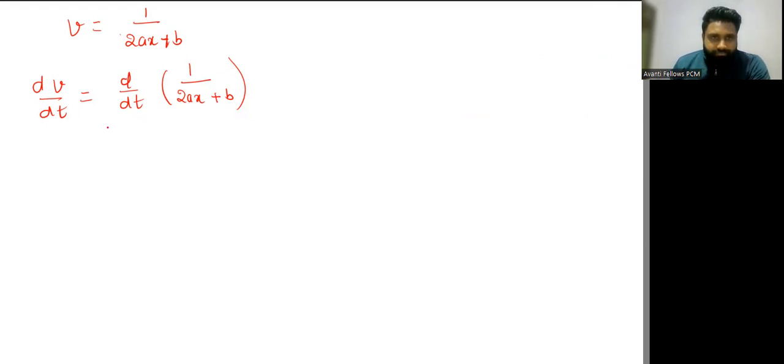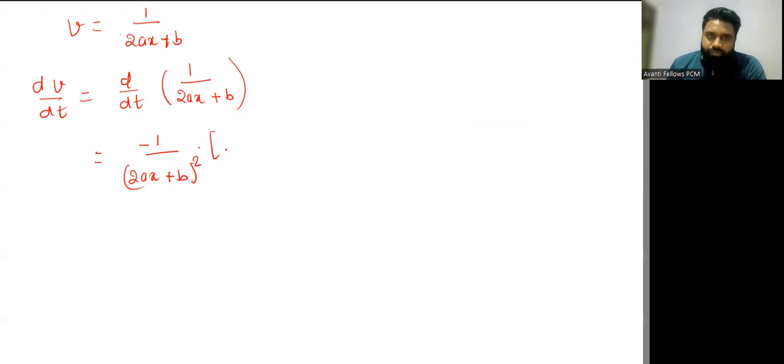Now we are going to use this formula in this situation. So you will write it as minus 1 upon 2ax plus b whole square. But the story will not stop here. You have to differentiate this expression also, because this itself is an expression. So the differentiation of 2ax plus b you have to do, and this is called chain differentiation.